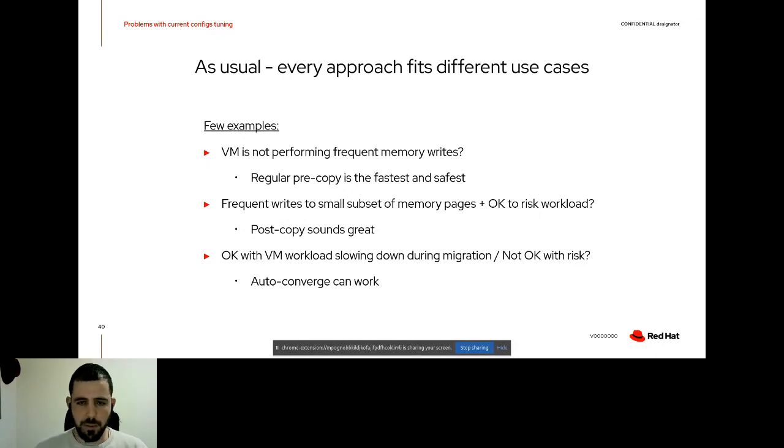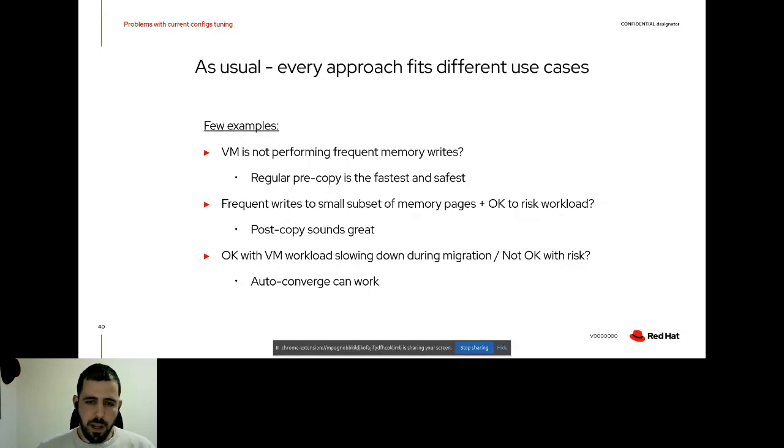So to sum up everything I've just said, with three rules of thumb that are not really 100% accurate: if the VM is not performing frequent writes to the memory, we might prefer pre-copy migration, which is the safest and fastest in the average use case.